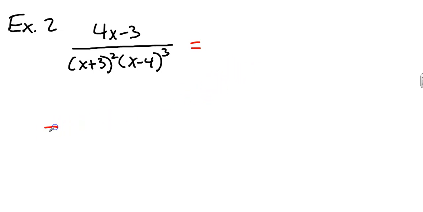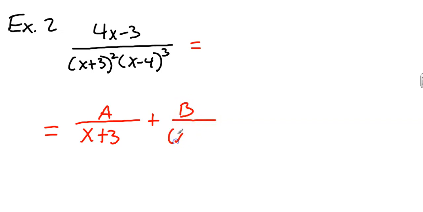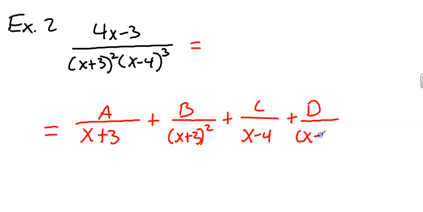I'm going to put it down here because I'm not around the room if I don't. You've got x plus 3, it would be to the first power. Basically, you could say that's a. B would go to x plus 3 to the second. Then you've got x minus 4, which would be to the first power. We'll assign c to that. D would go to x minus 4 squared. And then e would go to x minus 4 to the third.